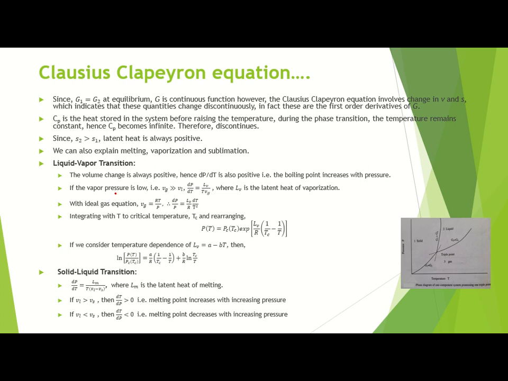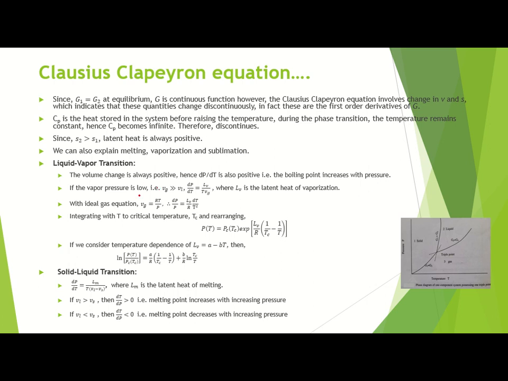Now the vapor pressure is something which is, if you have liquid state, liquid phase, there will be some molecules of, let's say, water, surrounding at the boundary of water. Okay, there will be some molecules in the gaseous state. So the pressure exerted by those water molecules is called vapor pressure.